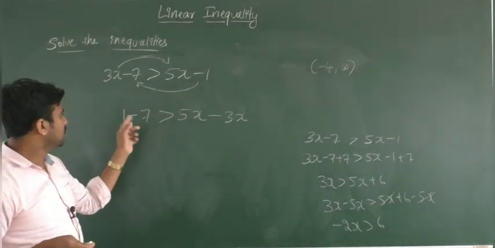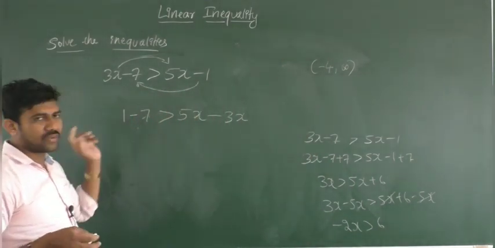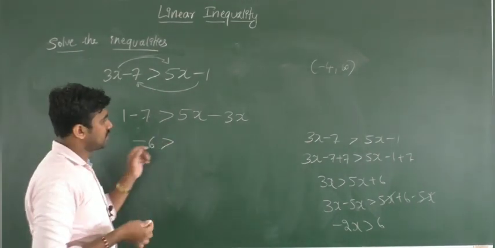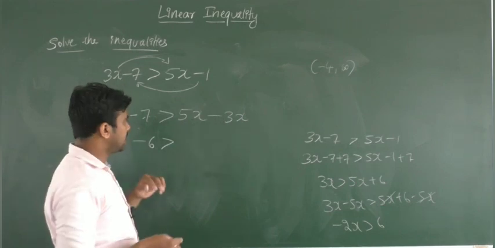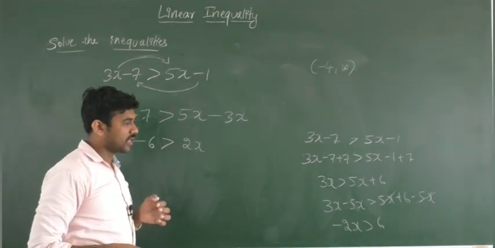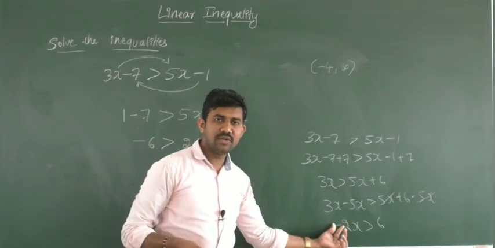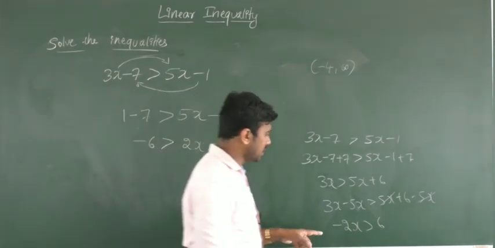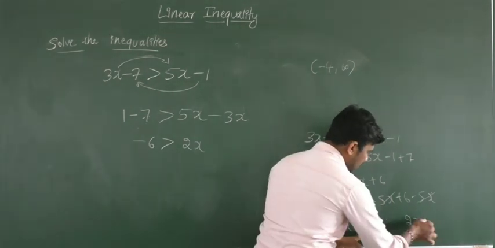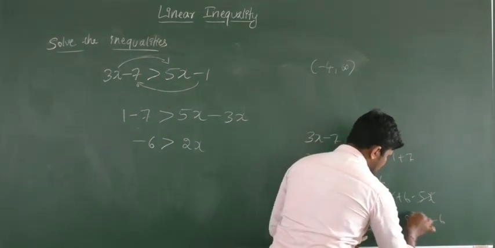You can observe 1 minus 7, that is minus 6, greater than 5x minus 3x, 2x. So here the sign of 2x is negative. If you write it positive, what will you get here? The sign reverses, 2x less than minus 6.